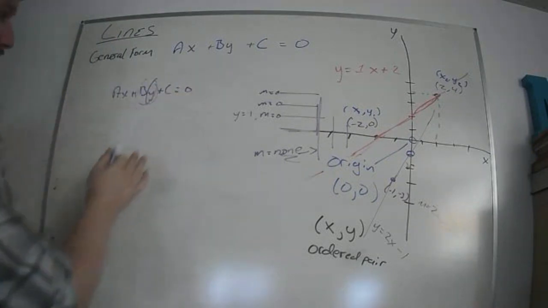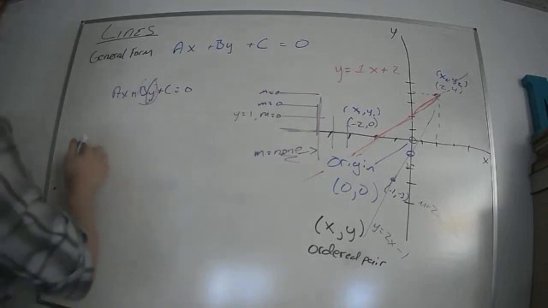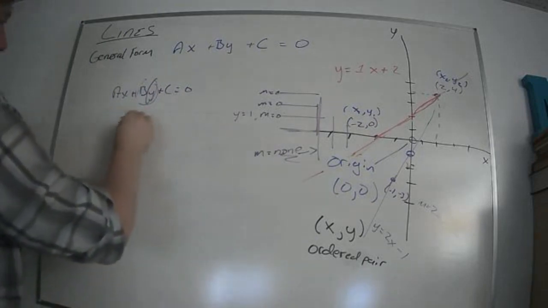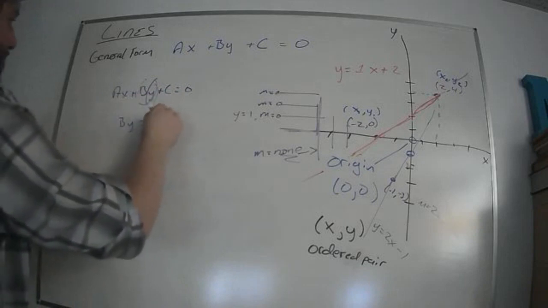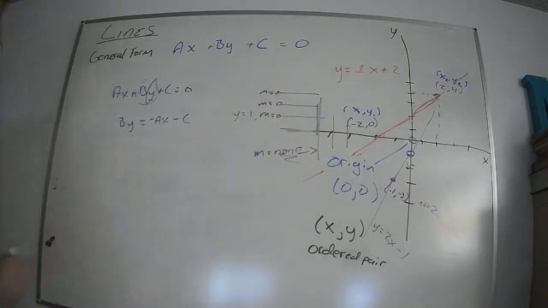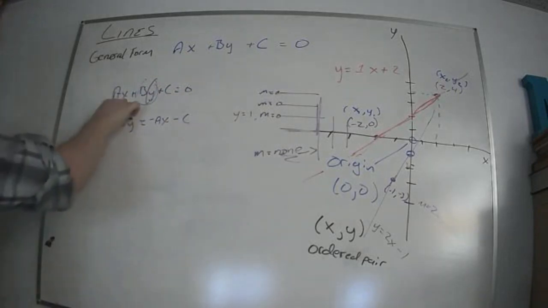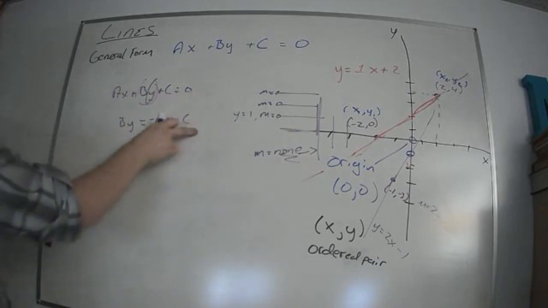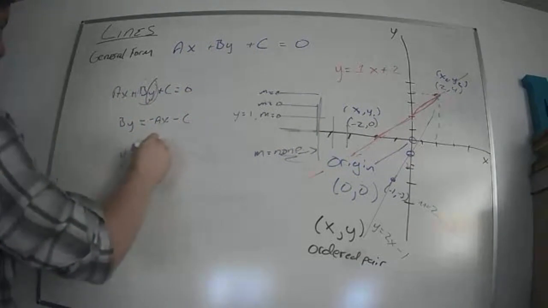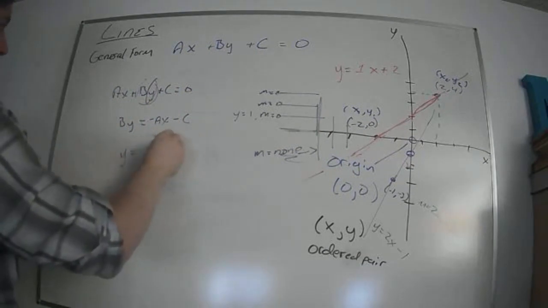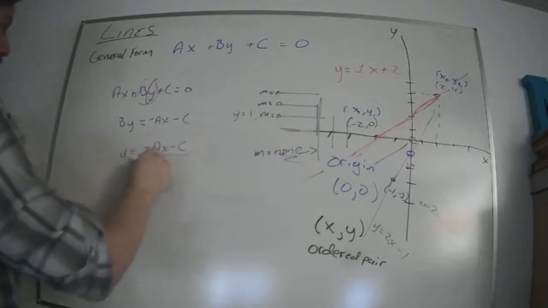So the first thing I want to do is get rid of everything that's not y. So I want to say it's by equals minus ax minus c. I subtract ax from this side, I subtract c from this side, put them over here, and then I'll divide by b. I'll say that y equals minus ax minus c divided by b.